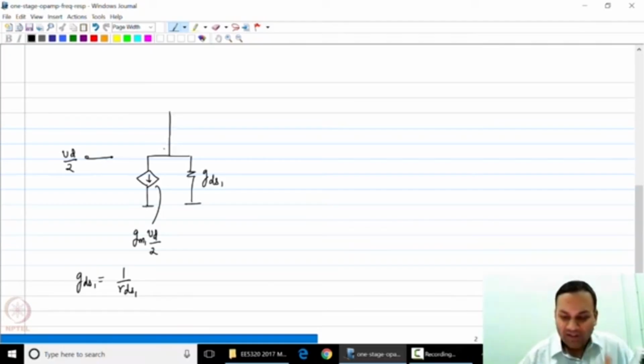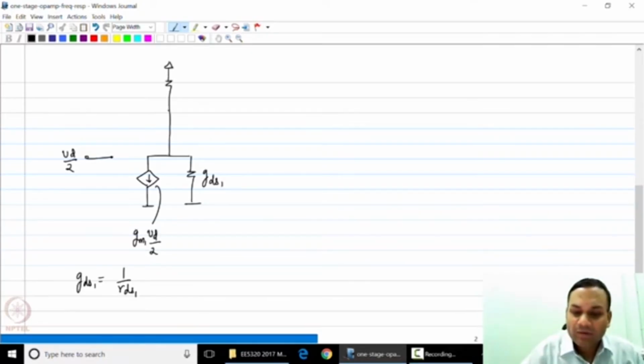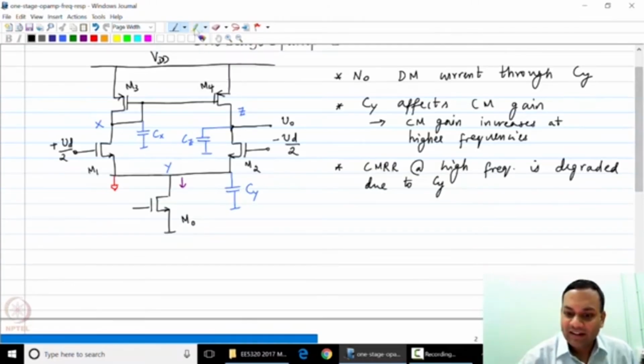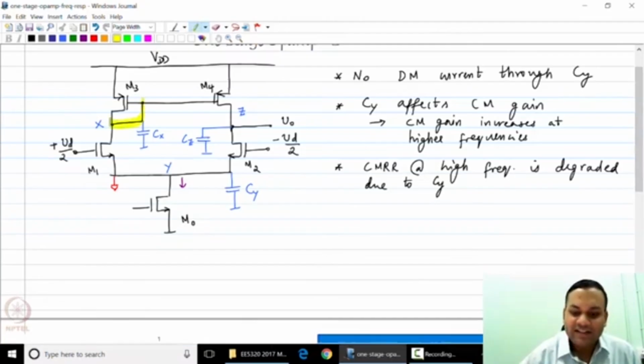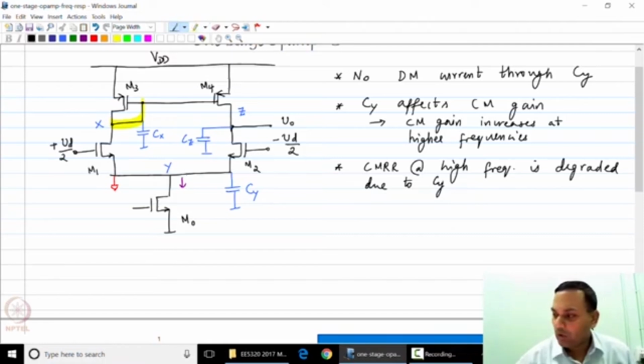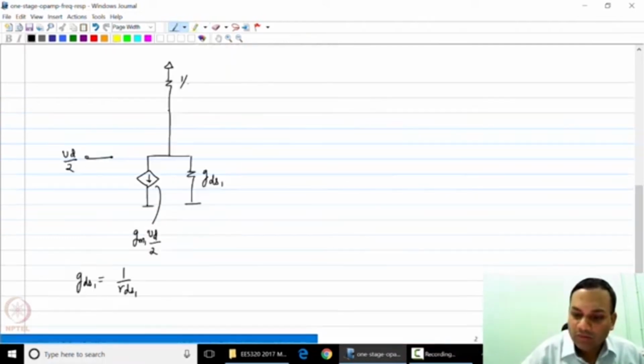At node X, we now have 3 impedances connected up. Due to the drain and gate of transistor M3 being connected, we find that the conductance that M3 presents is GM3 plus GDS3.